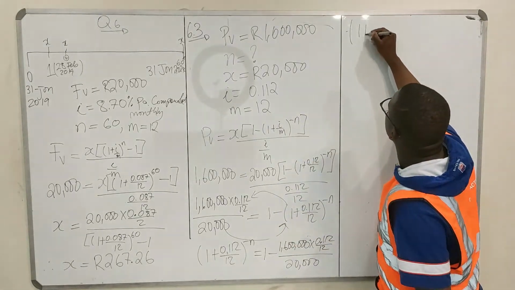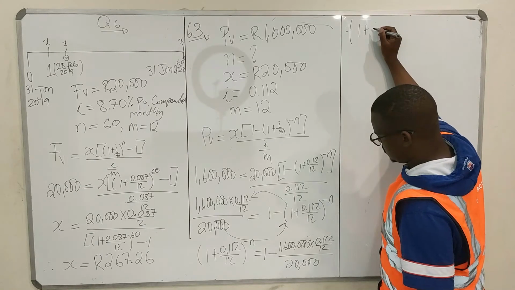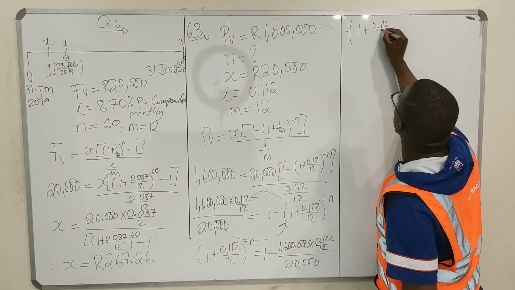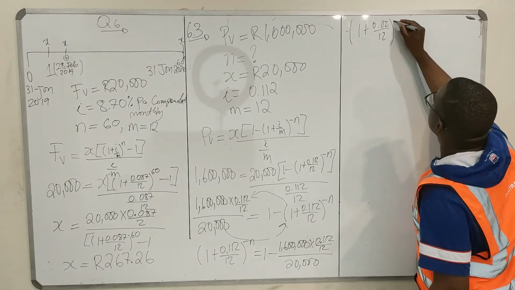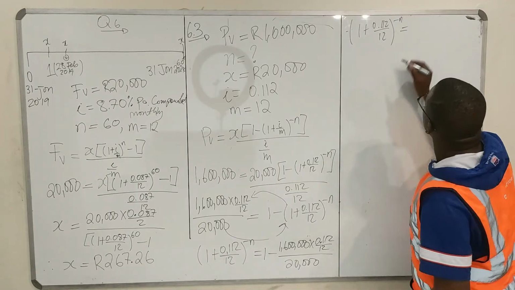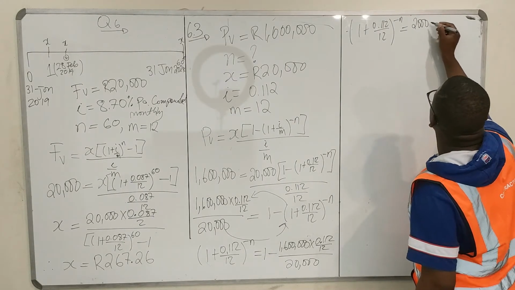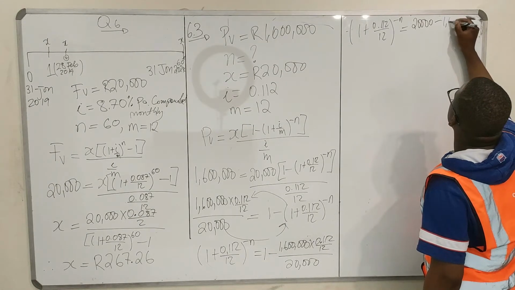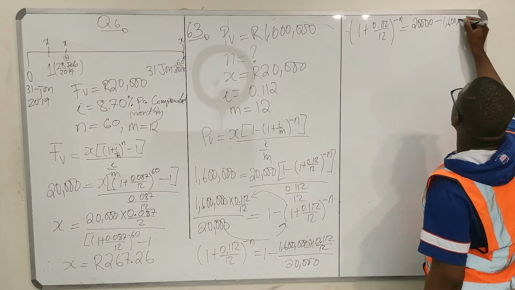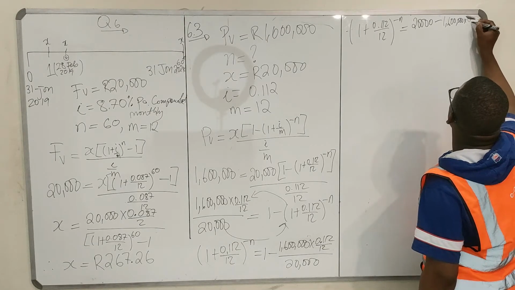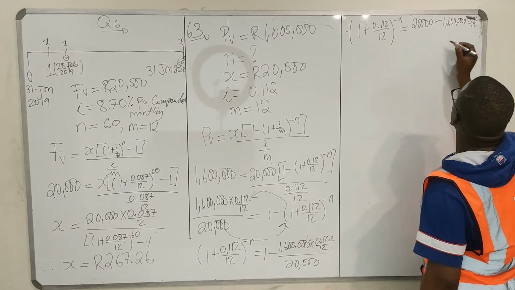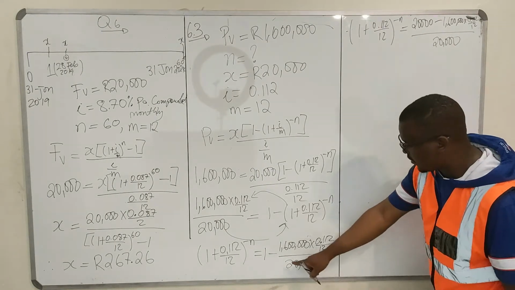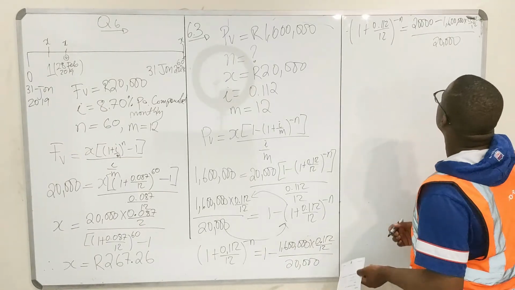We have 1 plus 0.112 over 12 raised to negative n equal to 20,000 minus 1.6 million times 0.112 over 12, all divided by 20,000. So I just simplified this, or you can punch it.